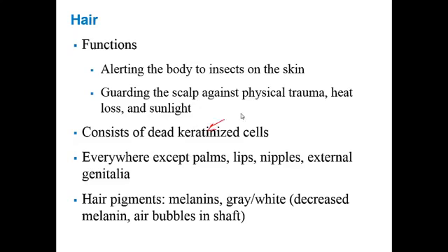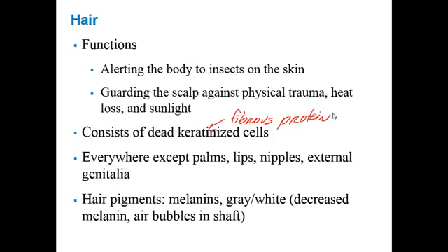Remember, keratin is a fibrous protein that gives the epithelial cells the characteristic of being very, very tough. So these are heavily keratinized epithelial cells. Hair is found everywhere on the body except for the palms, the lips, the nipples, or the external genitalia, like the head of the penis, for example.